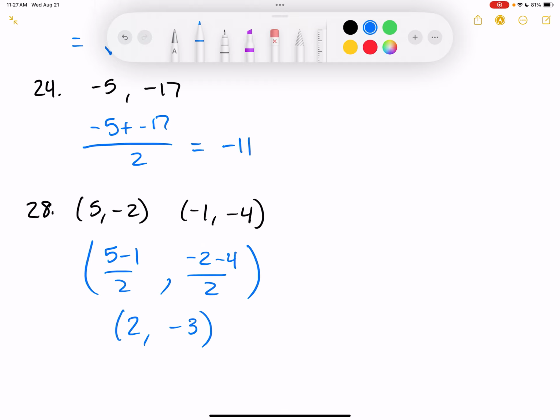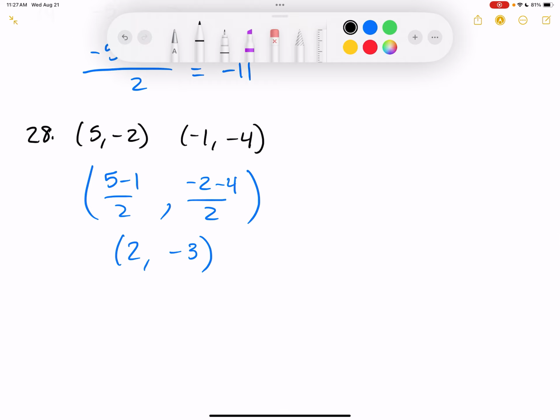So this is why I said we're going out of order. We're going back now to number 20. We have the points negative 2, negative 2, negative 2, 2, 2, 2, and 2, negative 2.